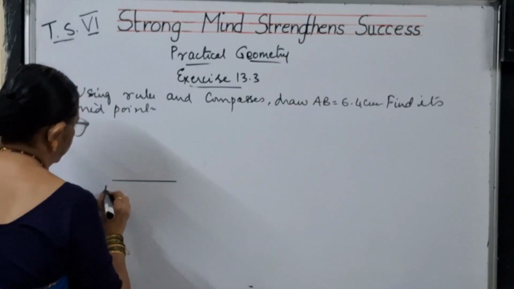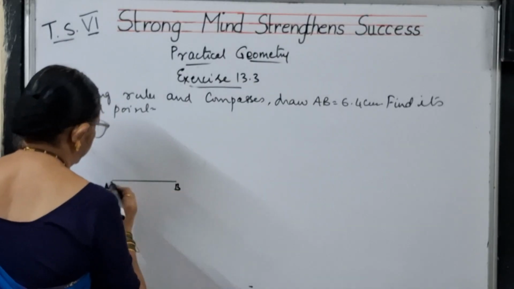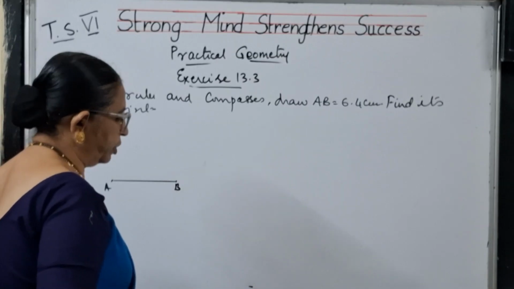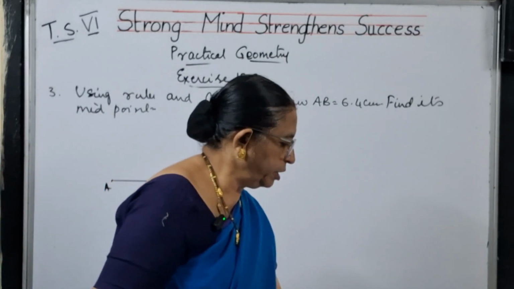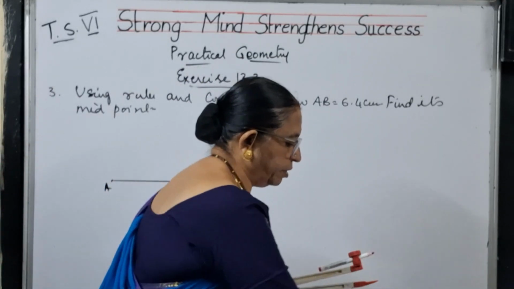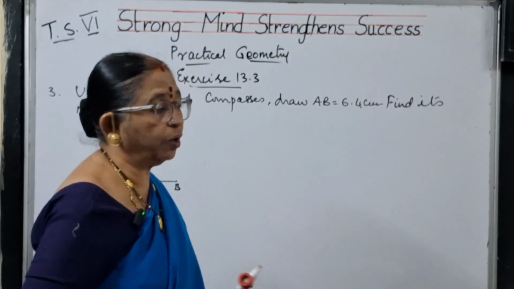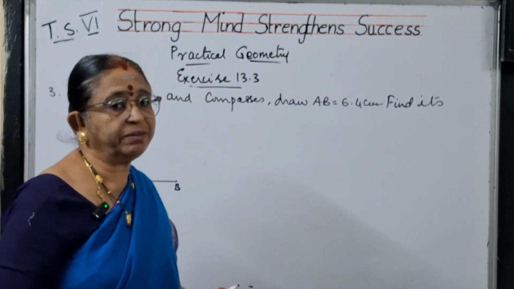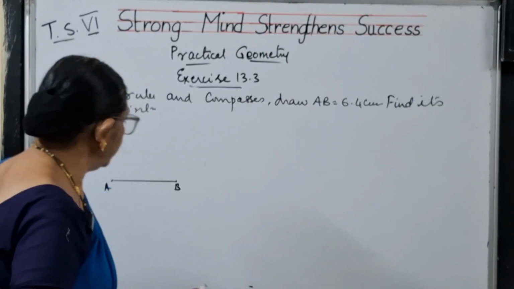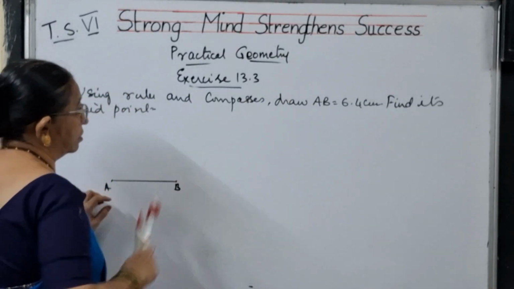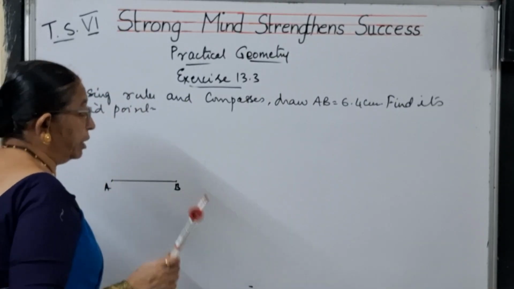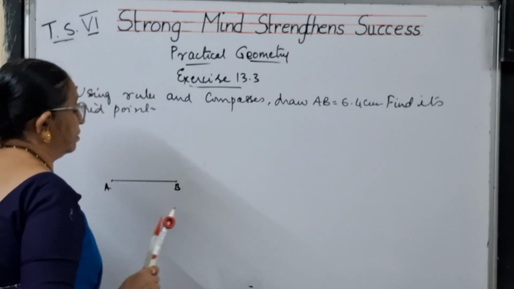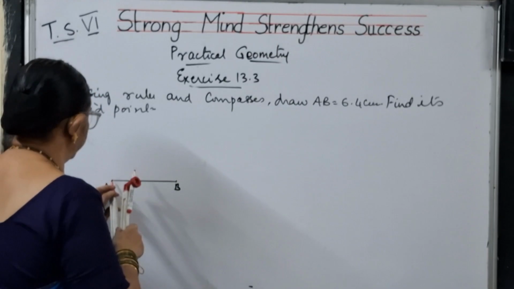So this is AB, 6.4 centimeters. Its midpoint you have to find out by using ruler and compass. Means what? You have to draw the perpendicular bisector. When you draw the perpendicular bisector, definitely you will be getting the midpoint. Actually, it's not asking for the perpendicular bisector, but since it is asking to find the midpoint, it is compulsory that you draw the perpendicular bisector.